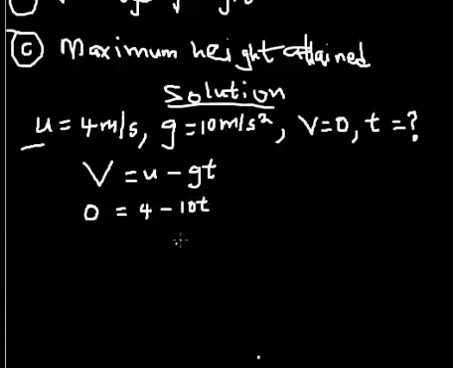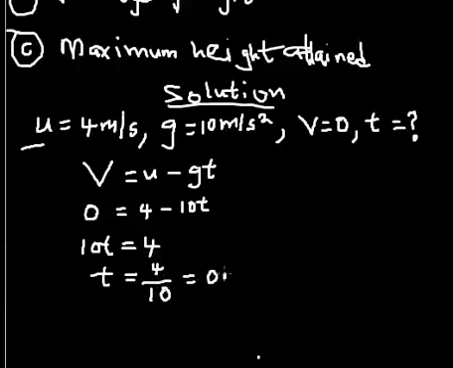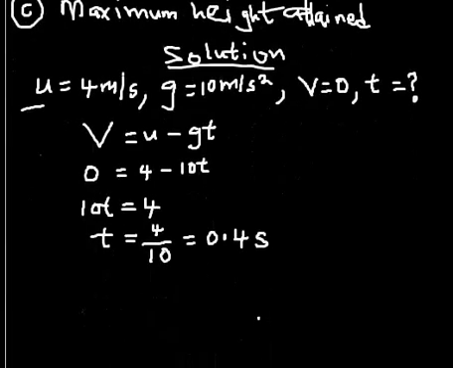So rearranging this equation, I have that 10t is equal to 4. So invariably now my t is going to be equal to 4 divided by 10, which is 0.4 seconds. So this object reaches its maximum height at 0.4 seconds.